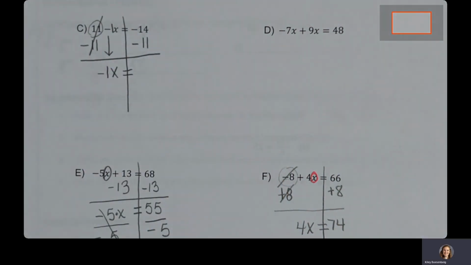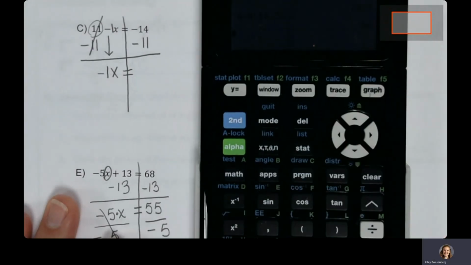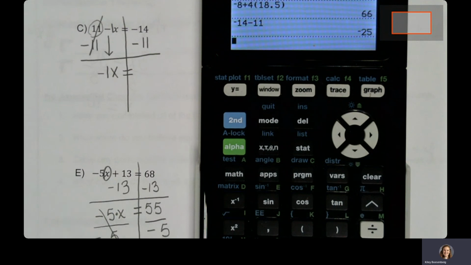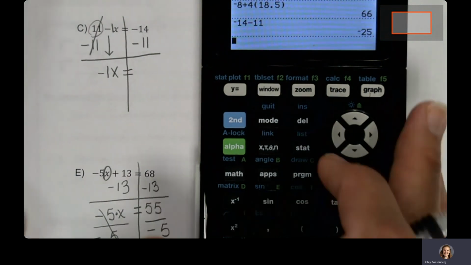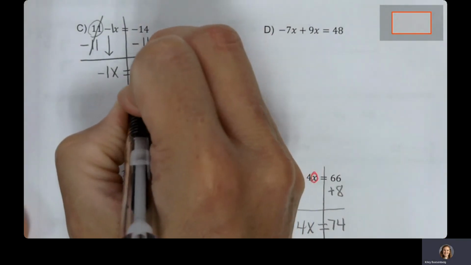And the second sign you have to be careful of is when I take negative 14 and I subtract 11, that doesn't give me 3. Make sure that you type it into your calculator if you don't know the answer, or that you take your time, because otherwise your answer is not going to come out right. So negative 25 is what I get when I subtract 11 from negative 14.